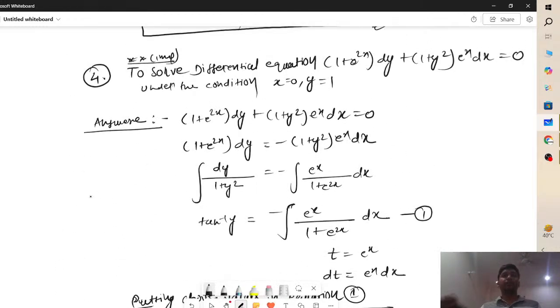Now take 2 minutes and try to analyze how we approached this question. Then we move again to the next question, which was also asked in the CBSE previous year questions.